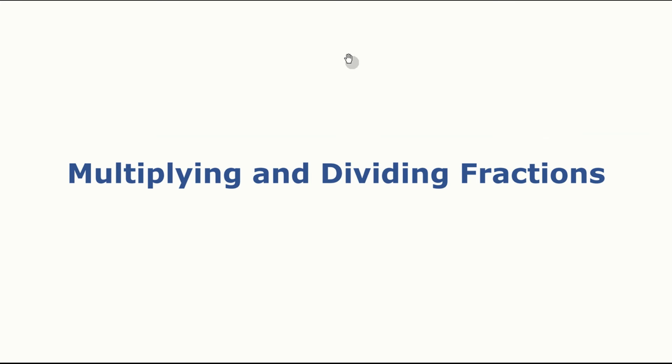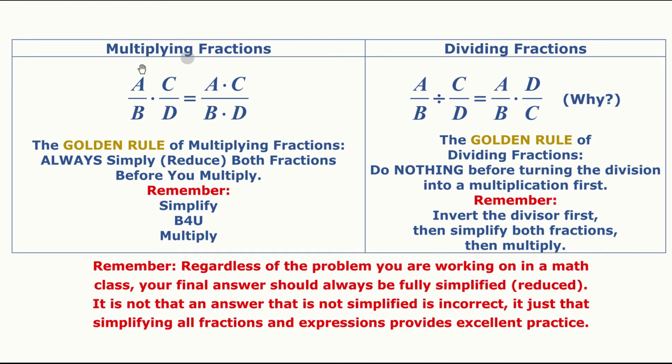So when it comes to fractions, they're a little bit different from integers in the sense that multiplying and dividing them is easier than combining them, adding them, and subtracting them, which is the opposite when it comes to integers, right? So let's go ahead and see how we go about doing these. The rules are, of course, simple. If you have a product of two fractions, you basically can multiply across, right?